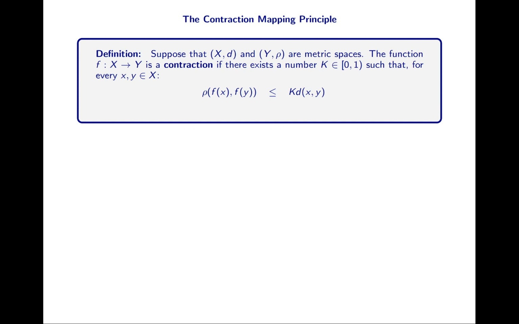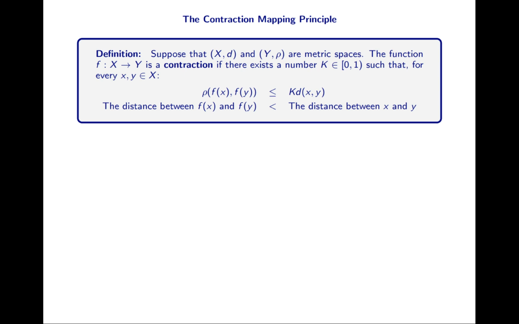Where again, k is a non-negative number less than 1. So a way to read that inequality is that the distance between f of x and f of y is strictly less than the distance between x and y.